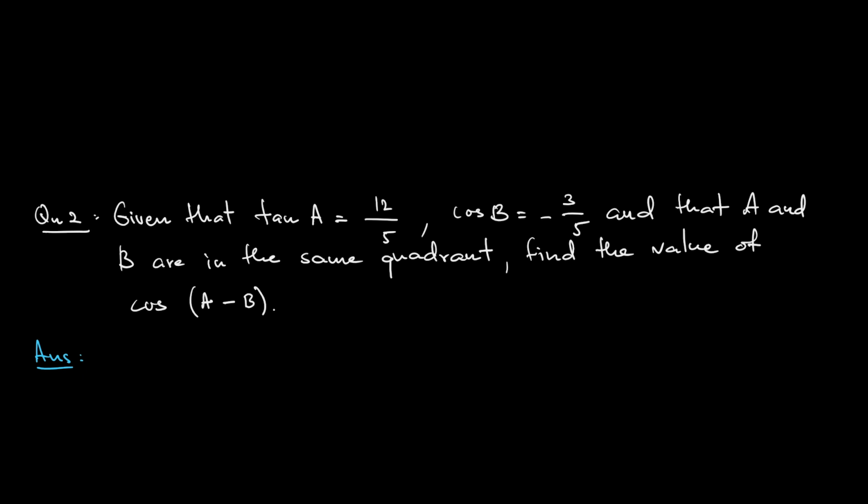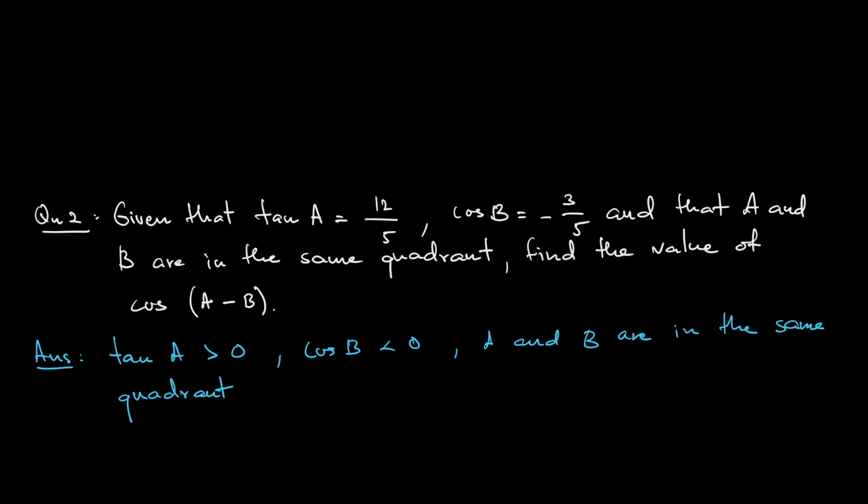Okay, notice that tangent A is positive, right? It's 12 over 5. Cosine B is a negative value. And it's also given that A and B are two angles in the same quadrant. So what can we infer from this? An angle that has tangent positive can only be in either quadrant 1 or quadrant 3.